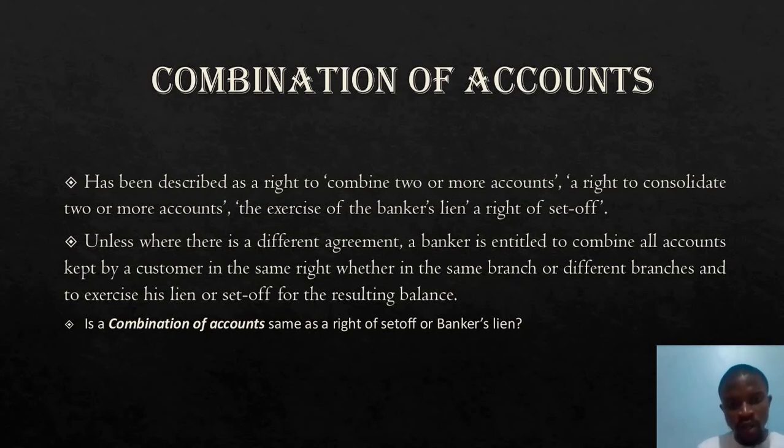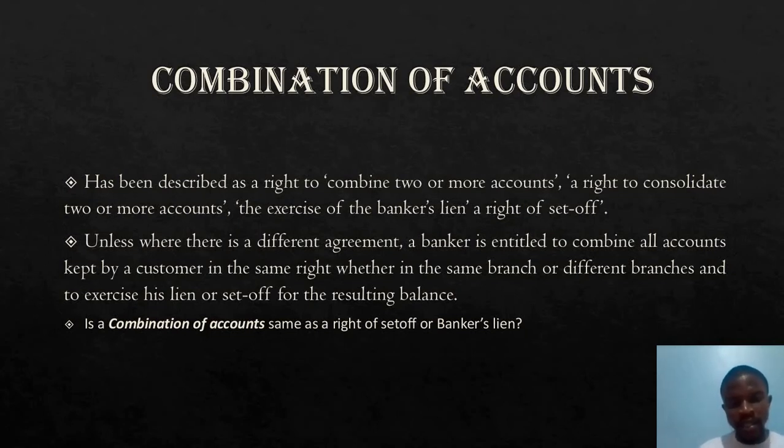So the question still needs to be resolved: is combination of accounts the same thing as a right a bank has as a debtor to set off a particular credit it has given to the customer, or is a combination of accounts the same as a lien that belongs to bankers, which is bankers' lien?